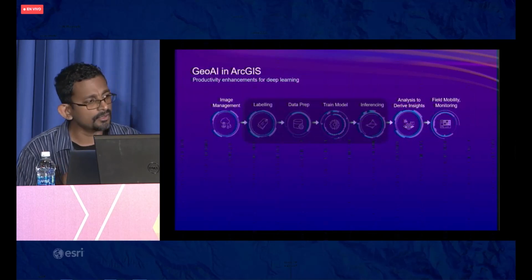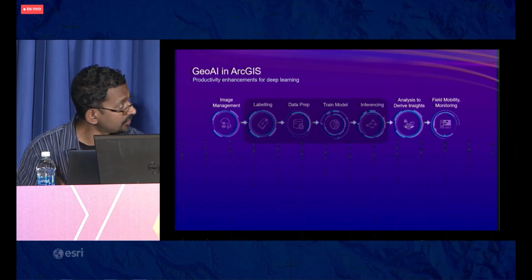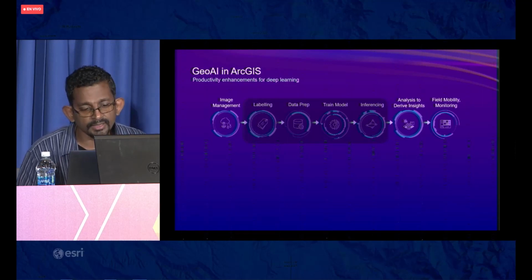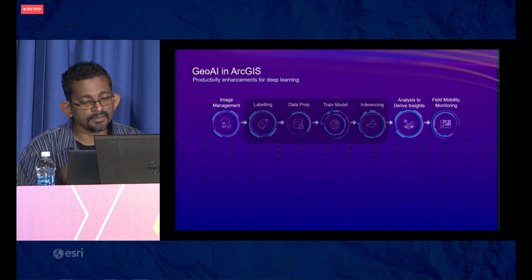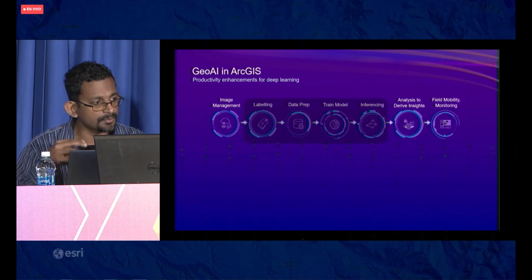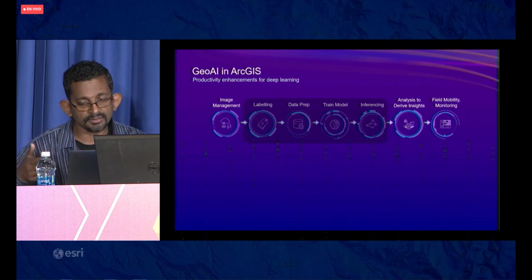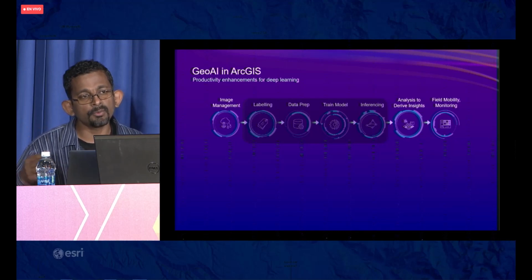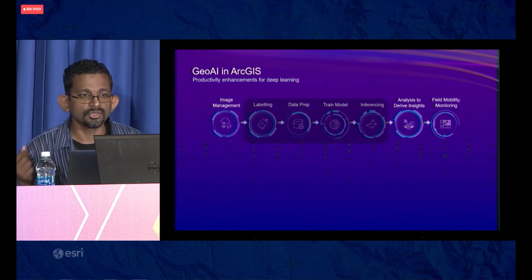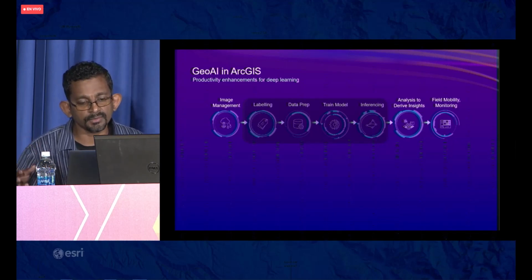Now, getting into what's new, this is the general pipeline. Firstly, I'd like to highlight, when it comes to working with AI, you can perform labeling within ArcGIS, prep your data, train a deep learning model, and lastly, perform inferencing. Now, given that you're within the context of a GIS, you have image management. When do you run AI? You typically run it when you've got a large collection of images.